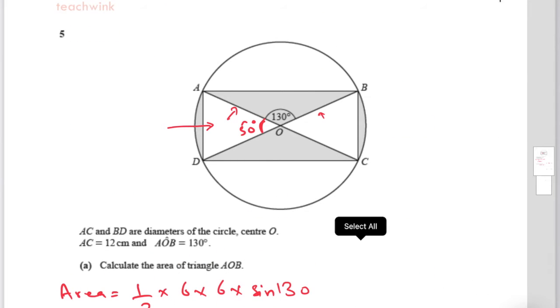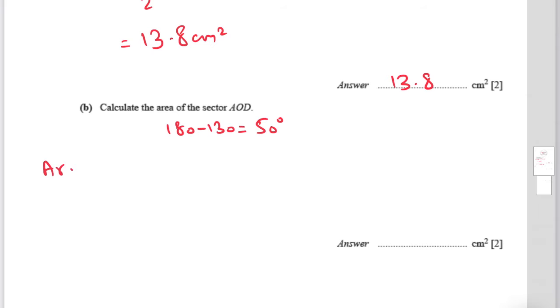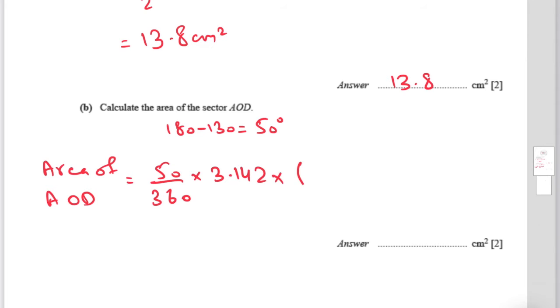Now we use the area of a circle's formula to find the area of this sector. So area of AOD is equal to 50 over 360, because that's the part of the circle that we're trying to find the area for, times 3.142 times the radius squared, or pi r squared.